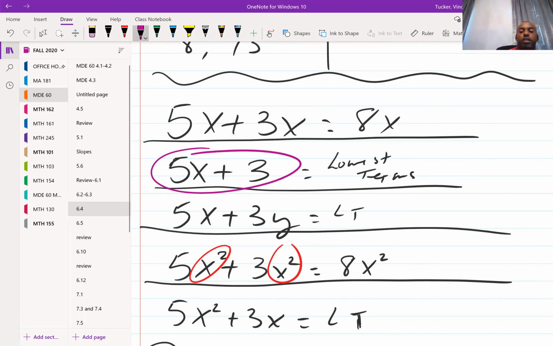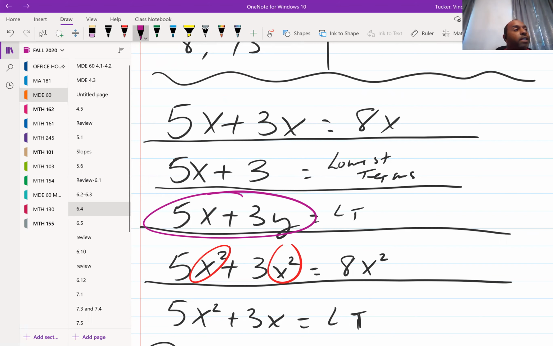Here, 5x plus 3, one has x, the other one doesn't, so I cannot add them together. That means that expression is already in lowest terms. There's nothing else I can do with that. 5x plus 3y, same thing. One has x, the other one has y. I cannot add them together, so that expression is already in lowest terms.